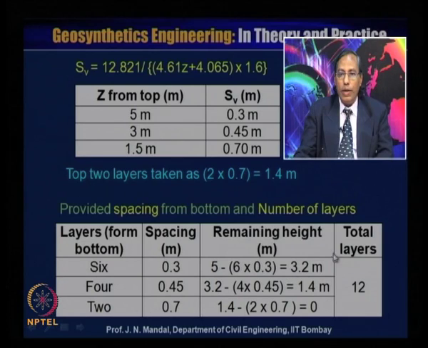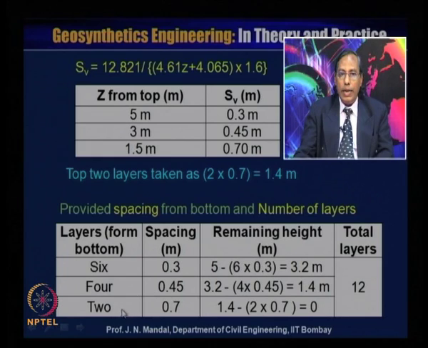So this is 3.2 meter. Then you are providing 4 layers with 0.45 meter spacing. So the remaining height is 3.2 minus 4 into 0.45, which is equal to a remaining height of 1.4 meter.